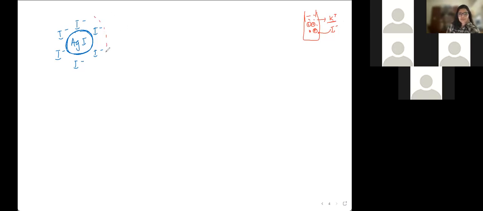So around this layer, this charged colloidal particle will again be surrounded by K plus. So, ma'am, that's why the statement says it becomes like a double layered colloid. Correct.